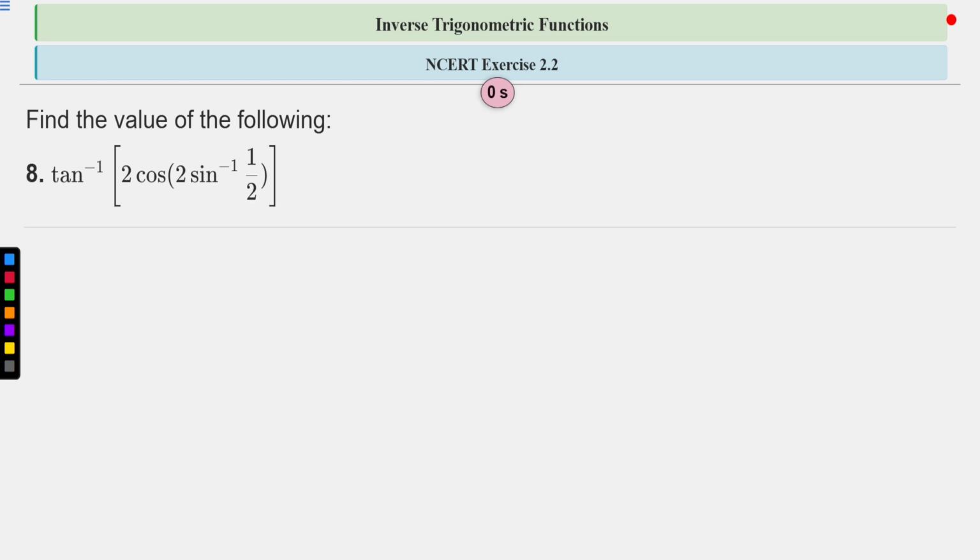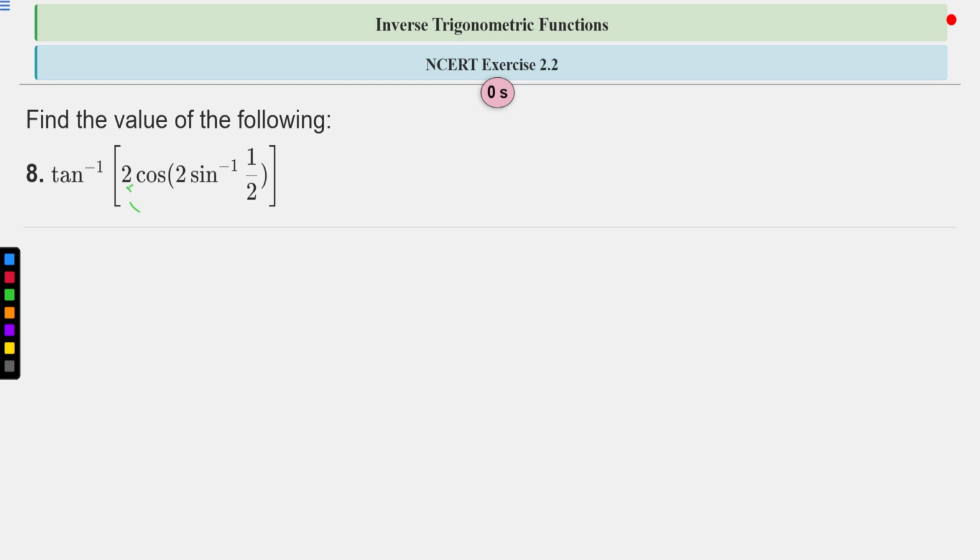Okay. So first, see what can we do. First, we can write 2 sin inverse 1 by 2 in terms of cos theta, right? Therefore, we can write cos of cos inverse something. After that, we will write 2 times something, and we'll try to convert this expression 2 times something in terms of tan theta, right?